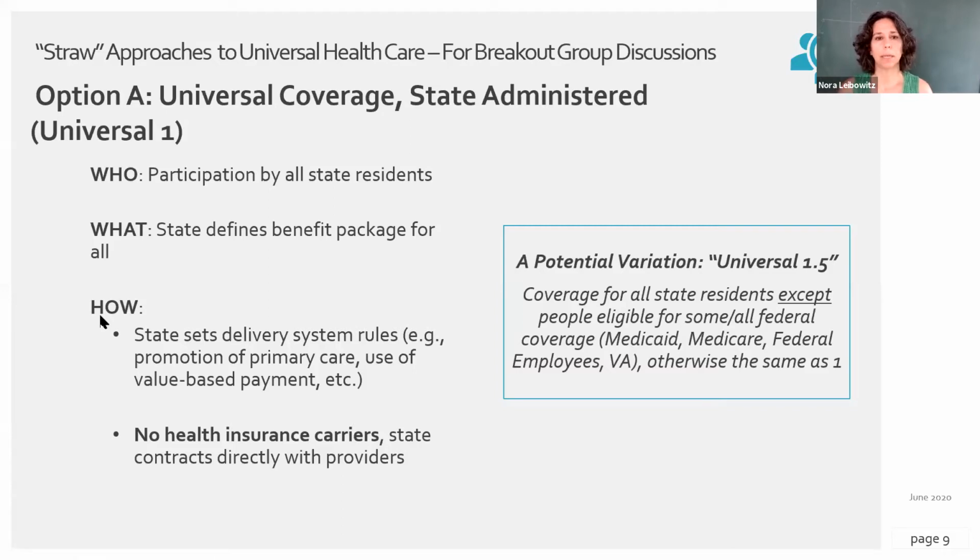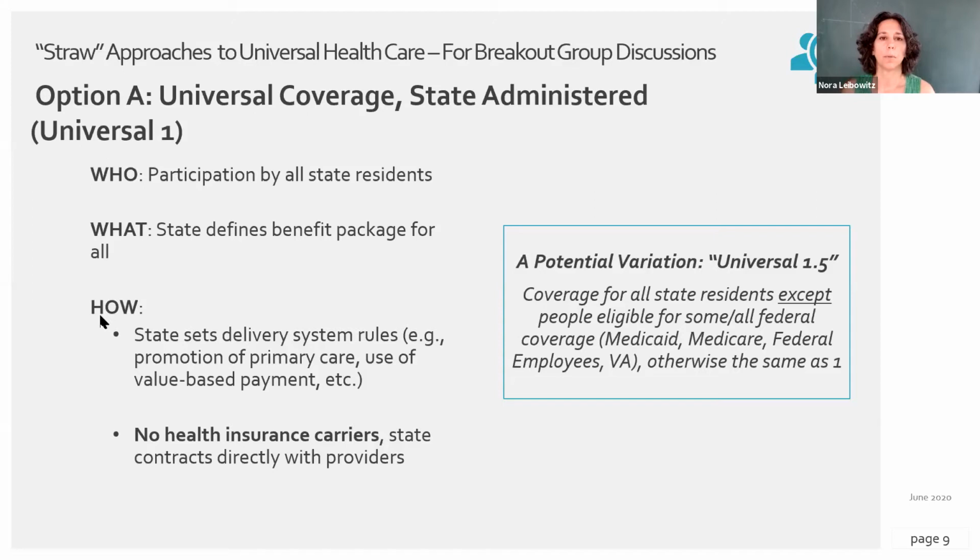The idea is that this would be a program for all residents of the state and would cover people who are citizens, people who are documented immigrants, people who are undocumented, as well as residents, no matter what their current source of coverage is, whether or not they have coverage, et cetera. So it really defines the universal.